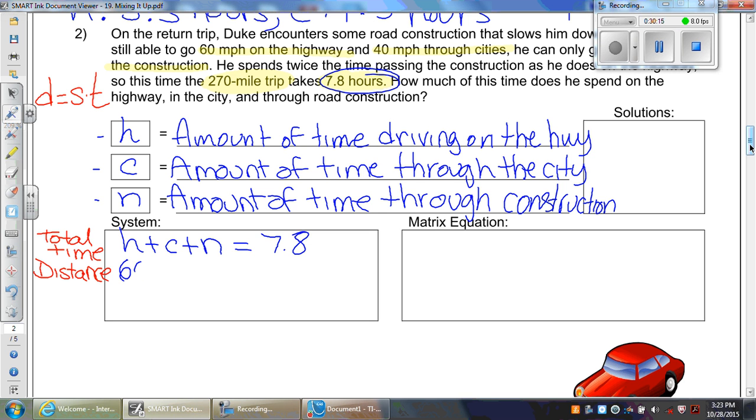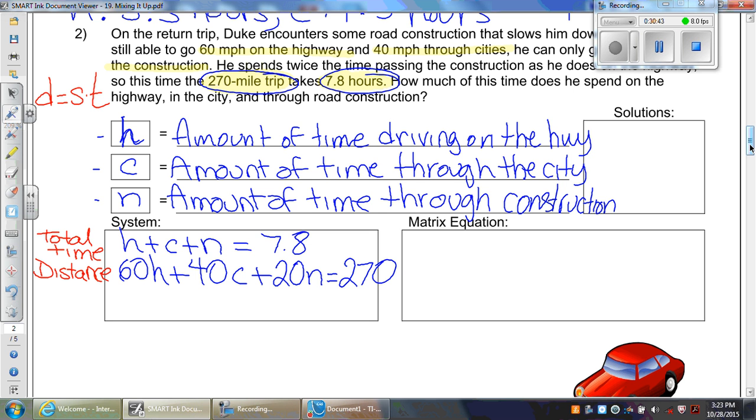So 60 times the time. We don't know what the time is, but we know it's being represented by the letter H. What was the speed driving through the city? 40, so 40 times C. And what was the speed driving through construction? 20, so 20 times N. And the total distance is the same as the other trip, 270 miles.